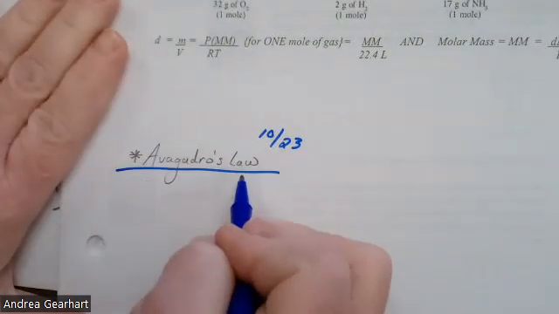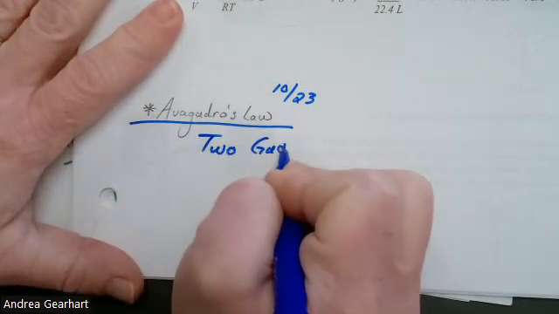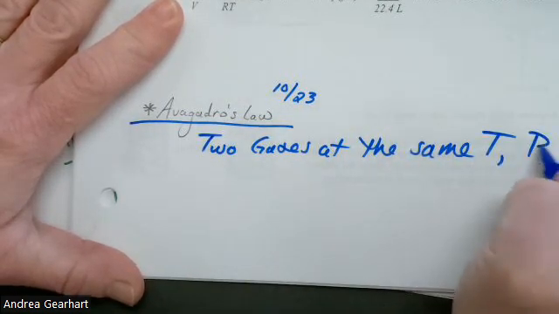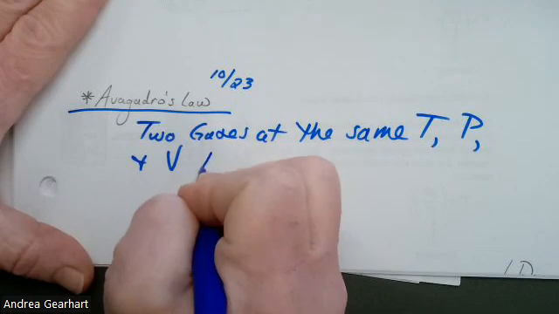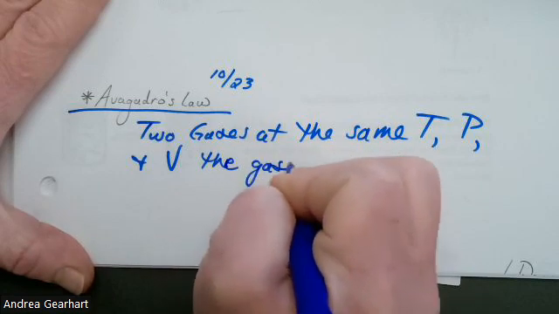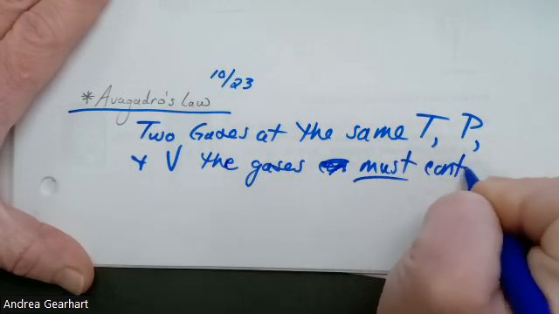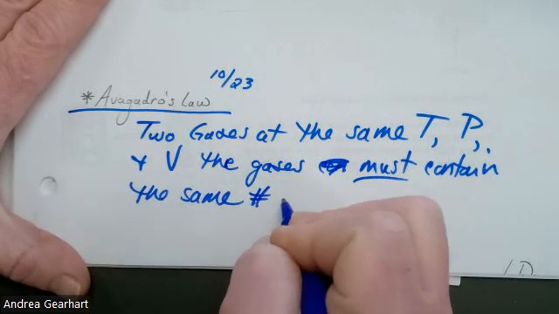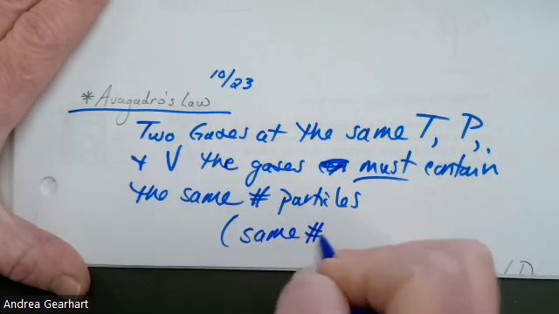All right, Avogadro's law says this: if you have two gases at the same temperature, pressure, and volume, they, or the gases, must contain the same number of particles, or we could say the same number of moles.